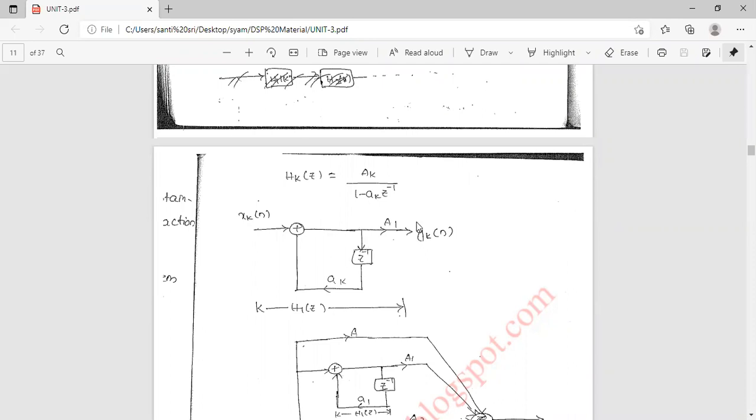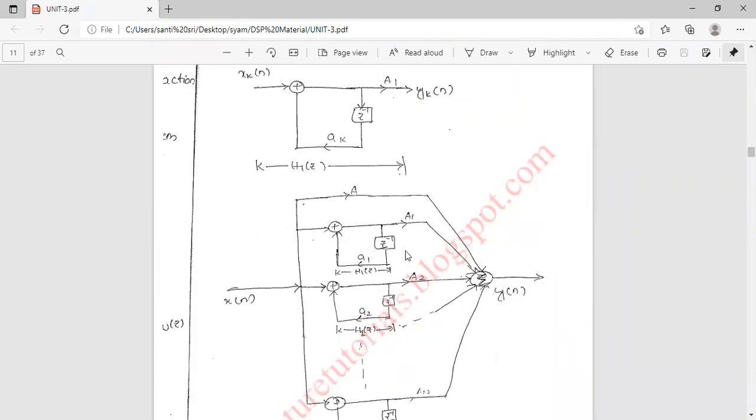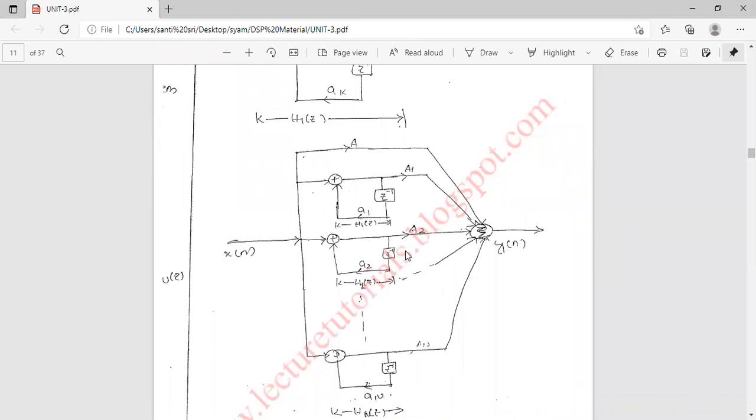Okay, so a1 is this one, ak into z power minus 1, this will be added. So a1 by 1 minus ak into z power minus 1. This is H1 of z. Like this, we have H2 of z, H3 of z, H4 of z, all are there. All will be represented like this.